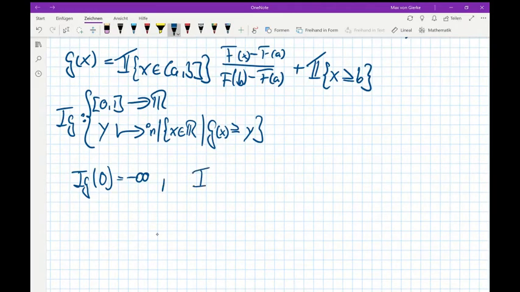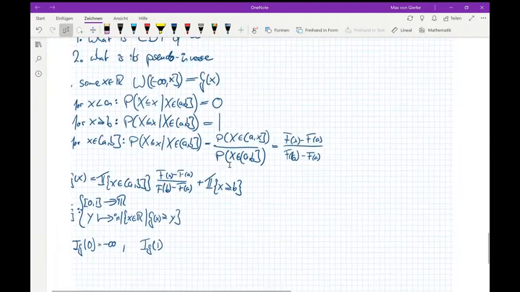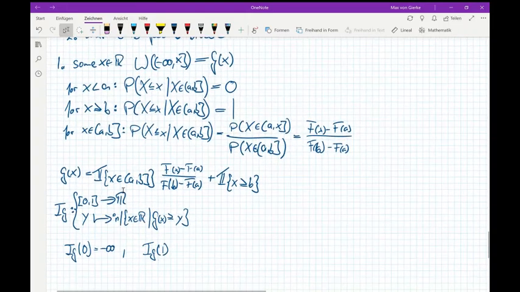Second part, what happens when we evaluate the pseudo inverse at 1? What is the smallest value we can insert here so that this admits 1? Obviously one of these two indicator functions must be triggered. If the second one admits 1, then we have 1.